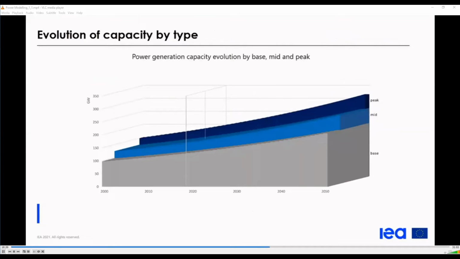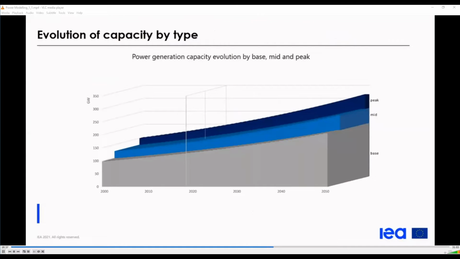Coming back to the different time slices. As we saw earlier, we considered base load type of plant, mid-load type of plant, and peak load type of plants.